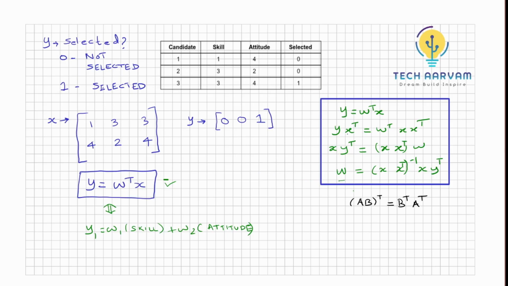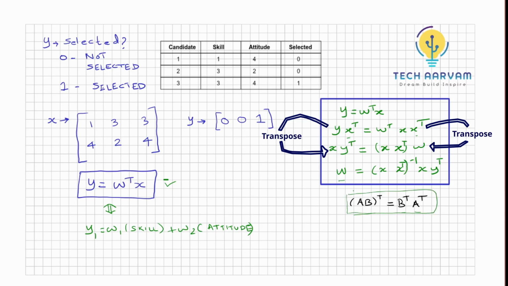So y equal to w transpose x. We are doing a few matrix operations here. We multiply on both sides by x transpose. Then we take a transpose of the left side as well as the right side. To convert that into xy transpose, note that xx transpose happens to be the same as its transpose.